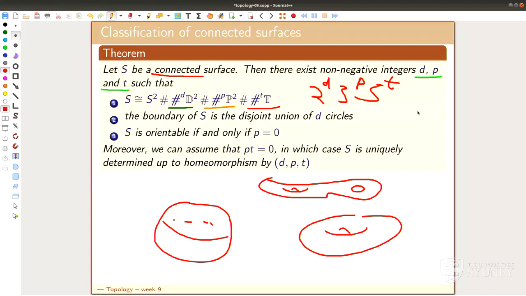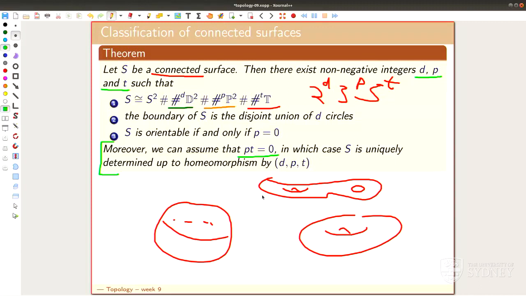Fantastic. And then this is a funny extra condition. We can always assume that P times T is 0. Why can we always assume that? This is just saying one of them is 0. Either P is 0 or T is 0. If P is 0, well, then P is 0. Fine. But if both are positive, so P is something and T is something, I will do that in the formal proof in a second.